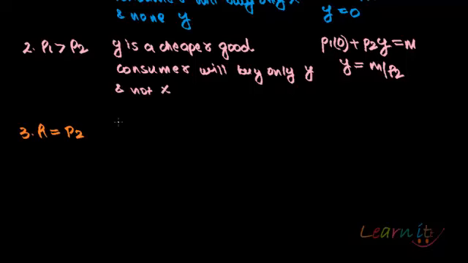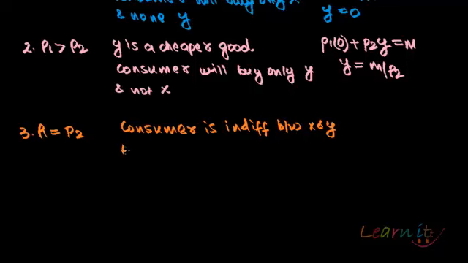The last case is when P1 is equal to P2. Now the consumer is indifferent between X and Y, because both the prices are equal.